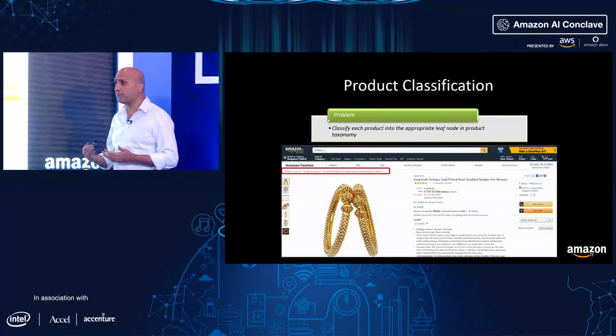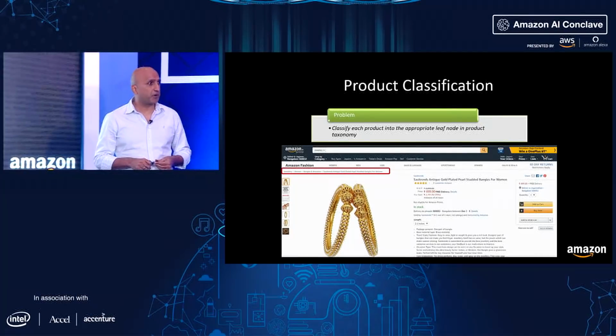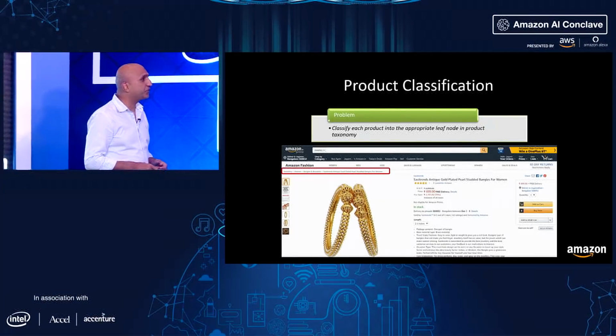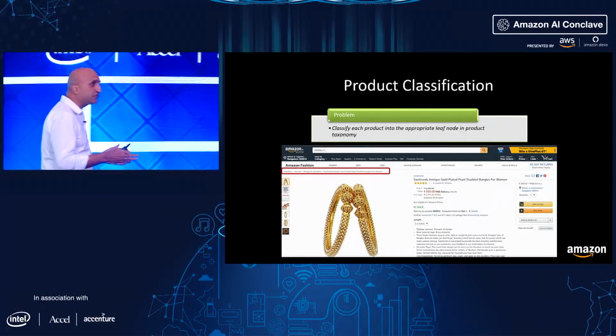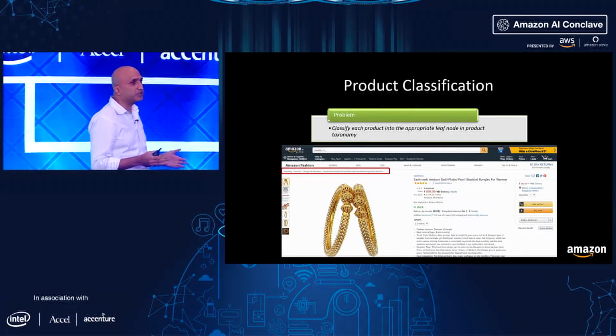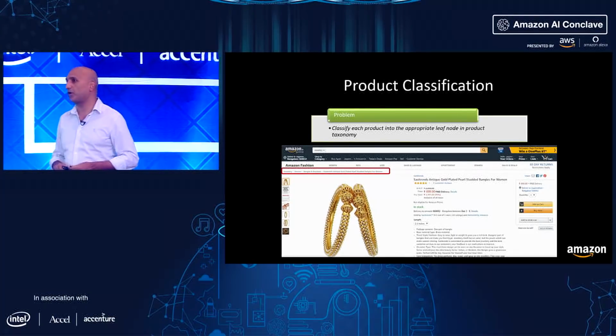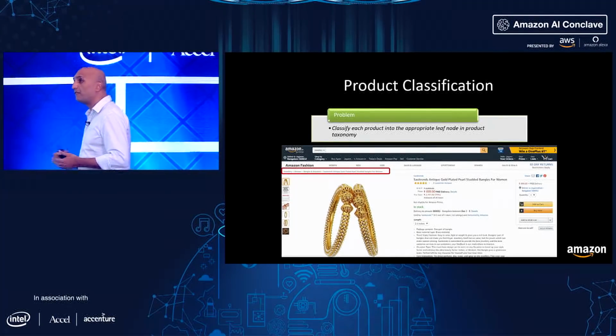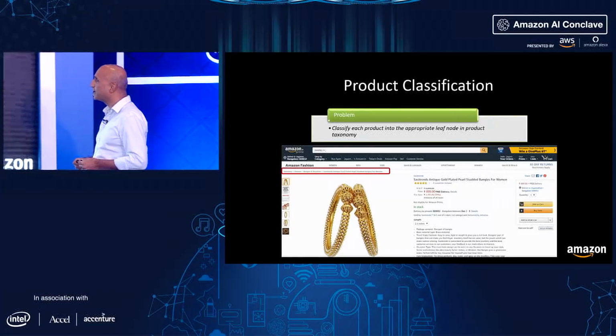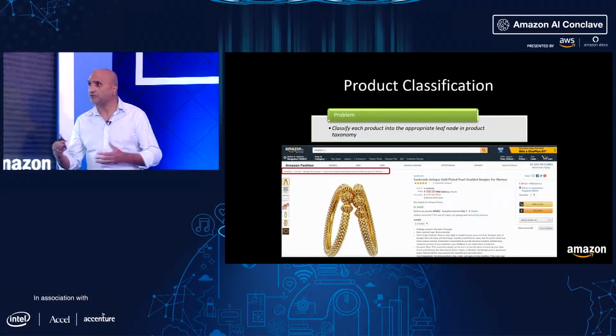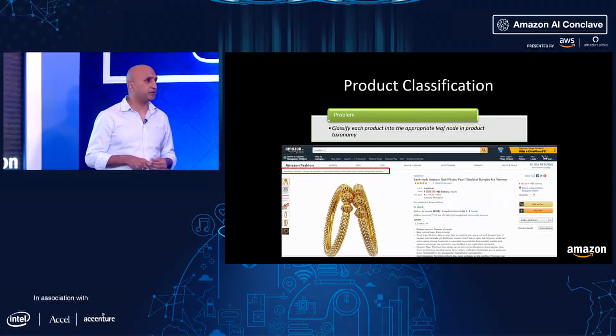Now, in our catalog, as I mentioned earlier, we have hundreds of millions of products. A key challenge for us is classifying these hundreds of millions of products into our product taxonomy. We also have a very large product taxonomy with over 50,000 leaf nodes. And customers browse through this product taxonomy to discover products.